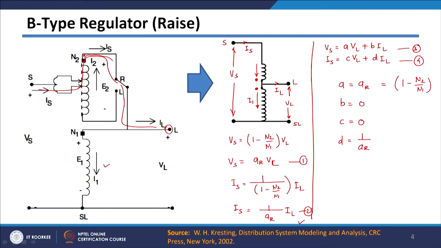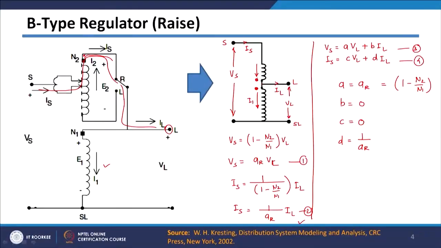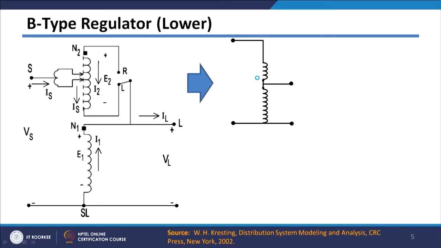So, here if you want to raise the voltage, your dots will be something like this. The dots will be towards the L terminal, both dots at the L terminal. Opposite of this, when your switch is connected to the L position, your current path will be something like this.